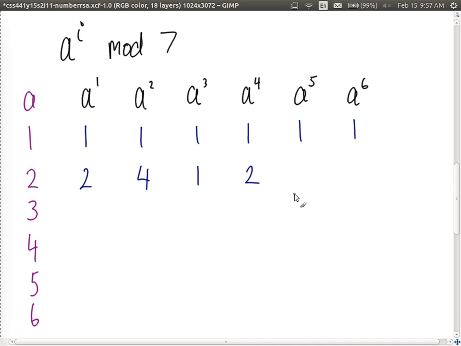2 to the power of 5 is 32, mod 7, 4. 2 to the power of 6 is 64. Mod 7, 9 sevens is 63, gives us 1.